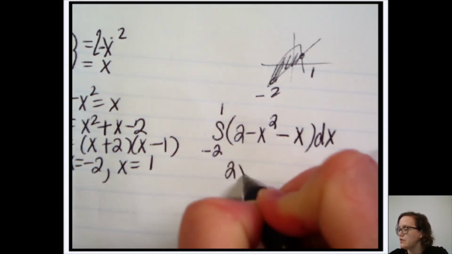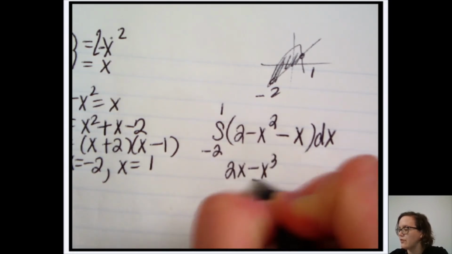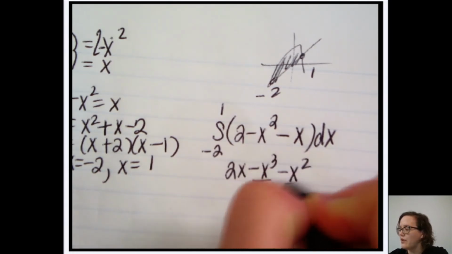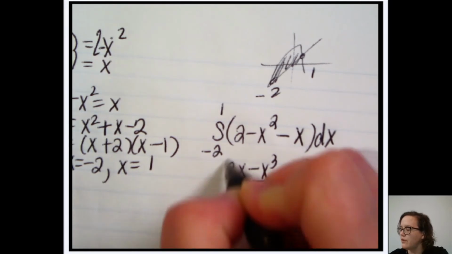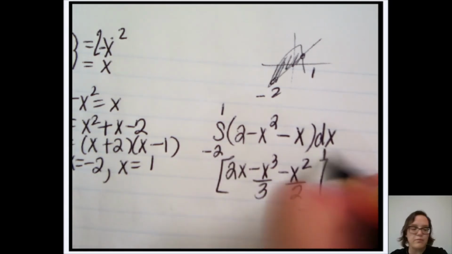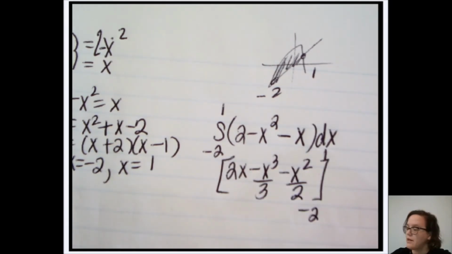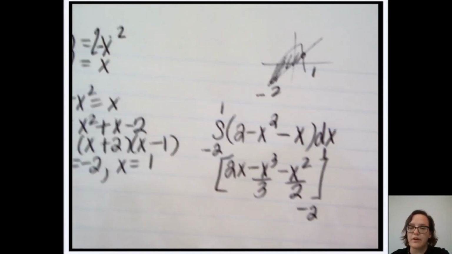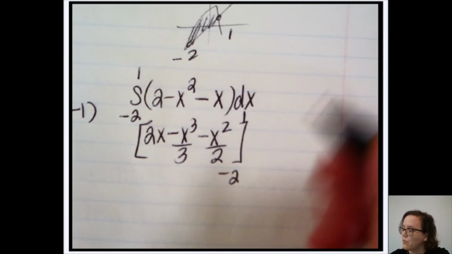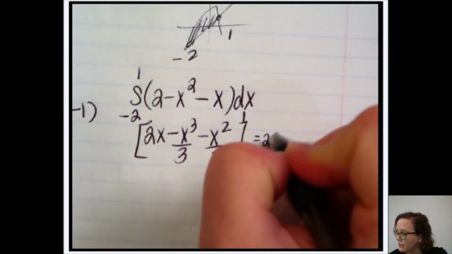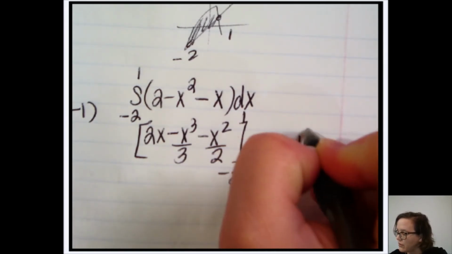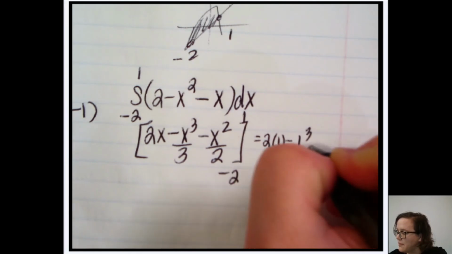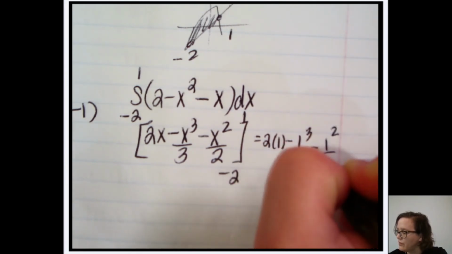So here we get 2x minus x cubed over 3 minus x squared over 2. If we do our integral, and then we have from -2 to 1. Okay, just quick check that I have my signs right. Now we go plug in the 1. So 2 times 1 minus 1 cubed over 3 minus 1 squared over 2.